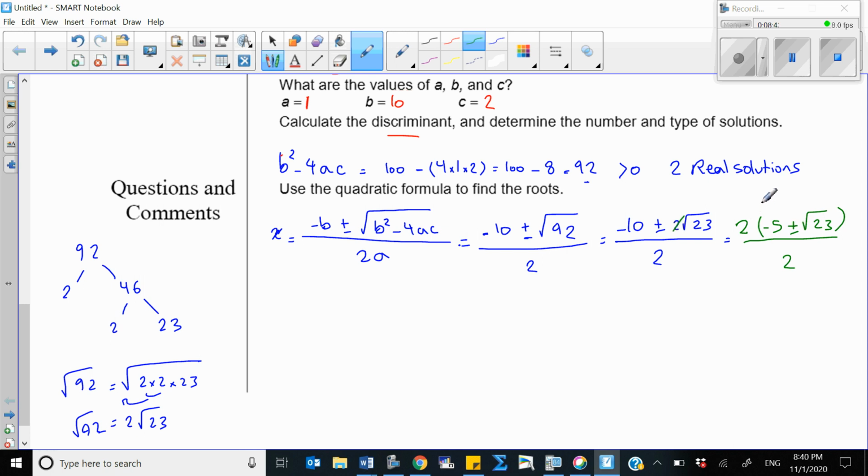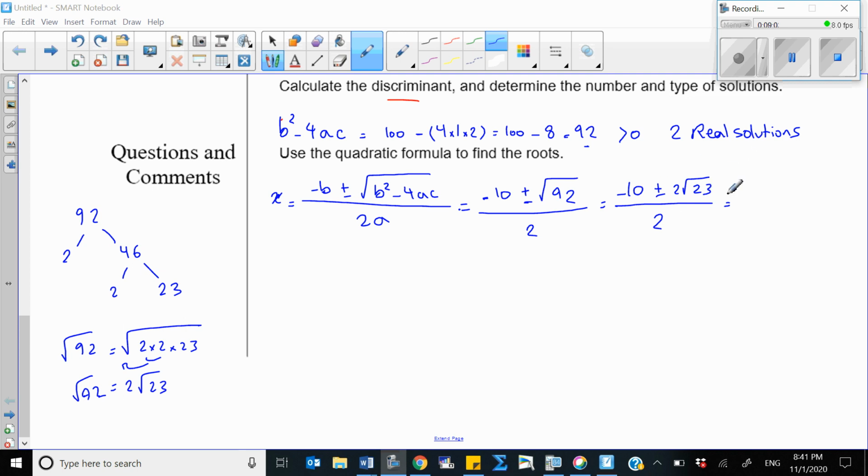Now I can simplify top and the bottom, and I'm left with just negative 5 plus and minus square root of 23. So this will be the answer of the roots.